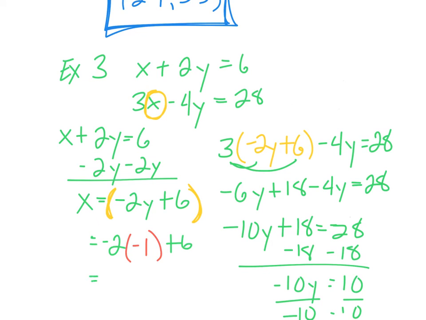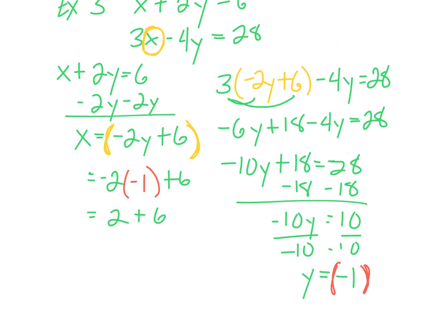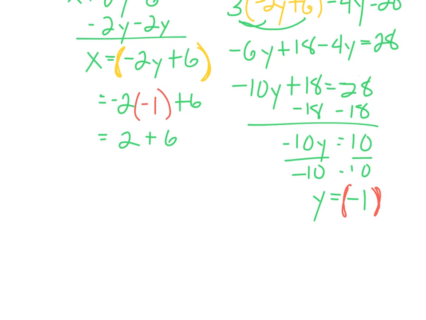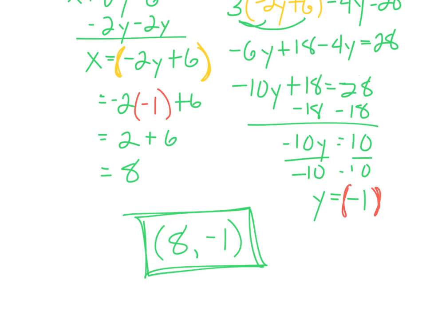That leaves me with a +2, as a negative times a negative gives me a positive, plus 6, which leaves me with my final answer of 8. Now, together, that x value and that y value give me the ordered pair (8, -1), which of course I'm going to write in parentheses, because if you don't put it in parentheses, it's not an ordered pair.